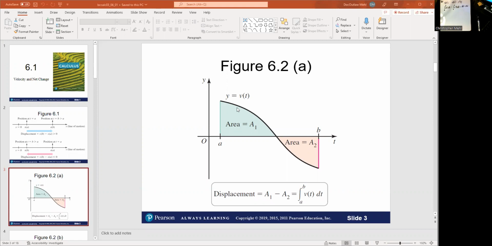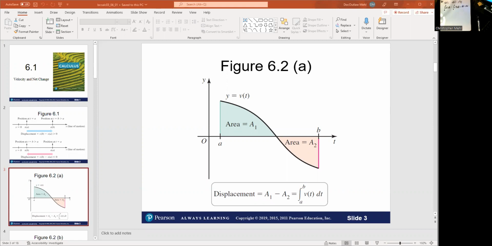The displacement from a to b of an object with a velocity function v of t is the integral from a to b of v of t dt.